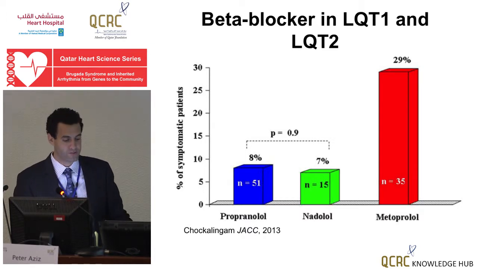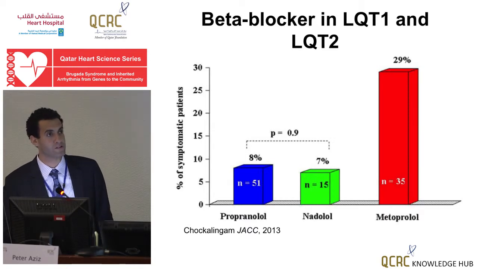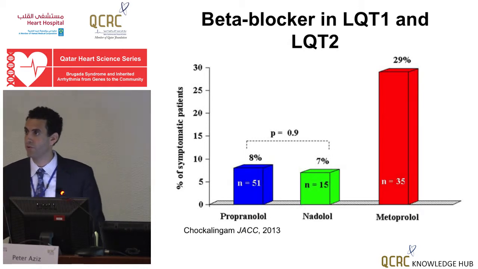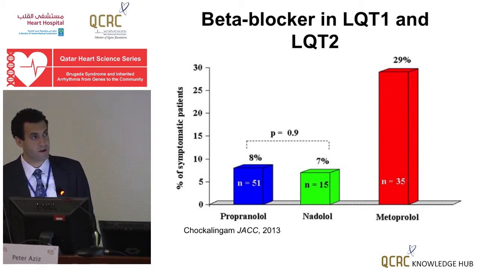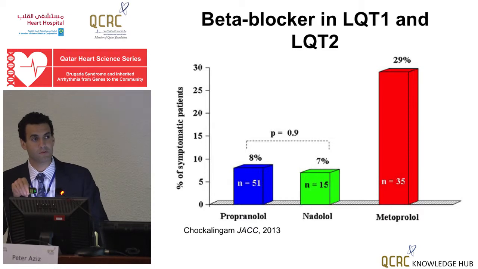This is a very important slide, and I feel like most electrophysiologists actually don't practice in this manner. But when we're prescribing beta-blocker therapy for long QT syndrome patients and CPVT patients for that matter, propranolol and nadolol are really the cornerstone of therapy. We tend to avoid drugs like metoprolol, atenolol, the selective beta-blockers, for this reason.